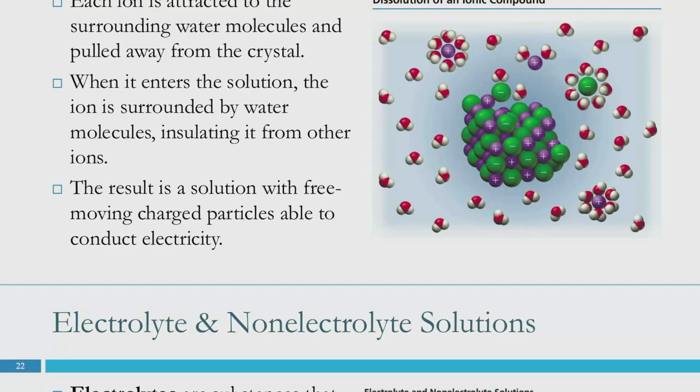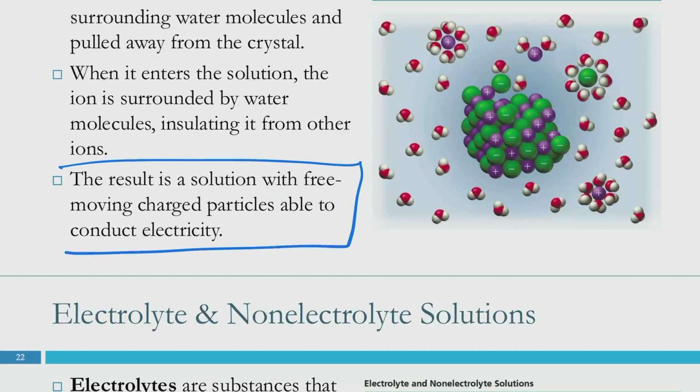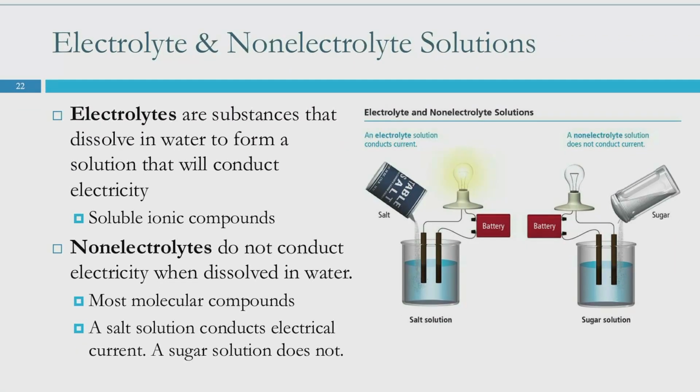And that stabilizes the charge in the solution. This also results in a solution with free-moving charged particles, and those can conduct electricity. So we call those free-moving charged particles electrolytes.